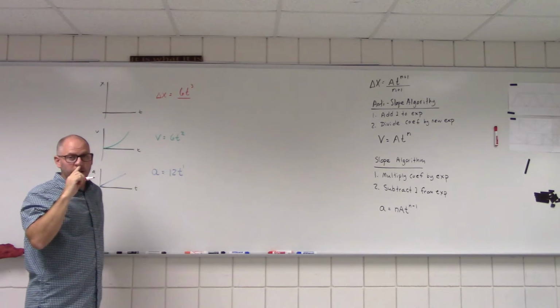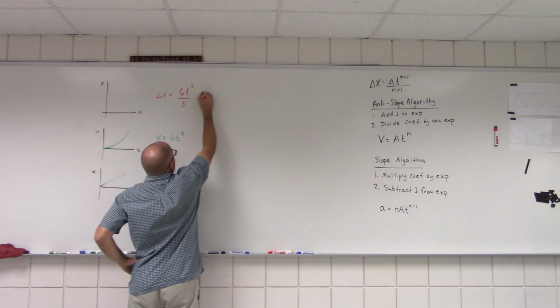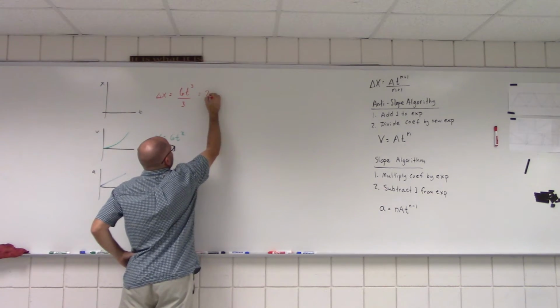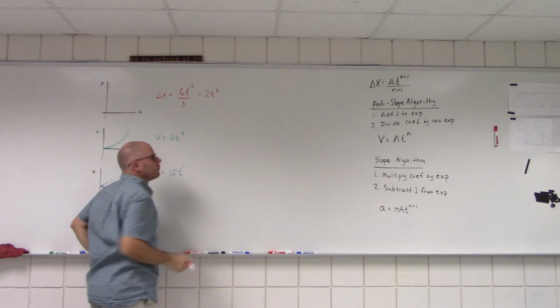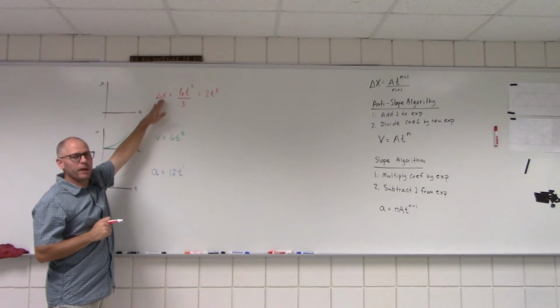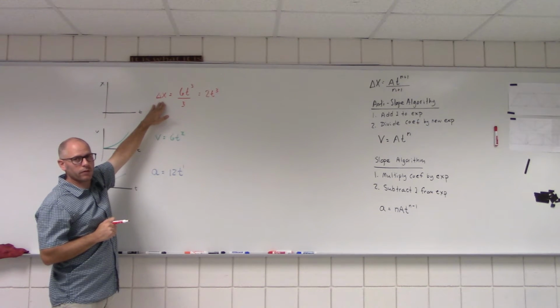And then divide by the new exponent, which is 3. And so my change in position function, 6 divided by 3 is 2t cubed. Now, this doesn't exactly give me the position function. What it gives me is the change in position function.